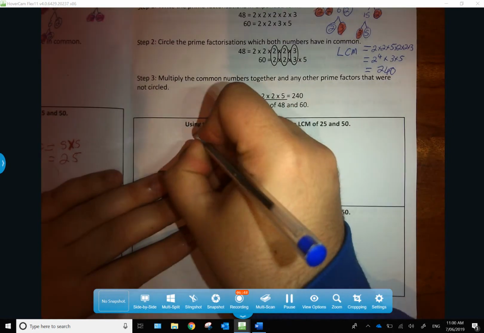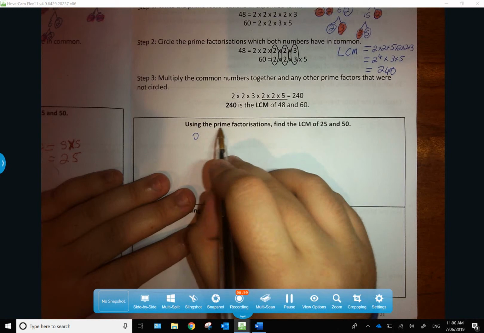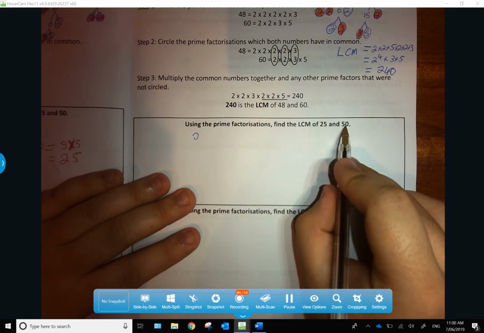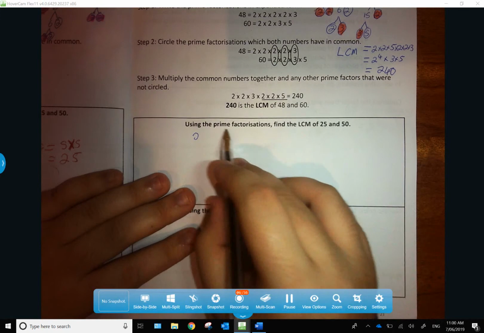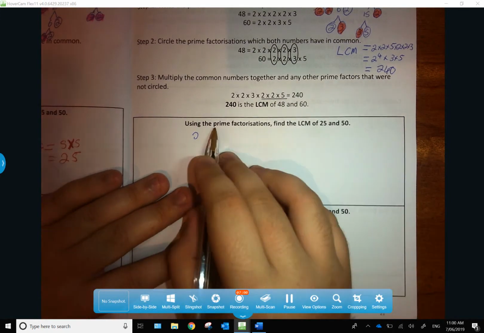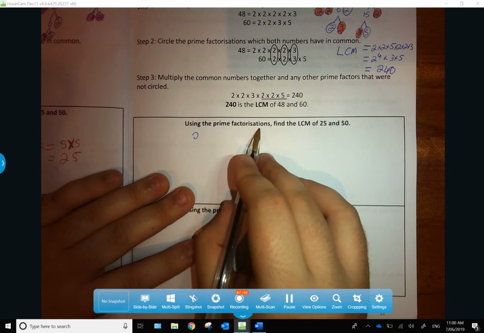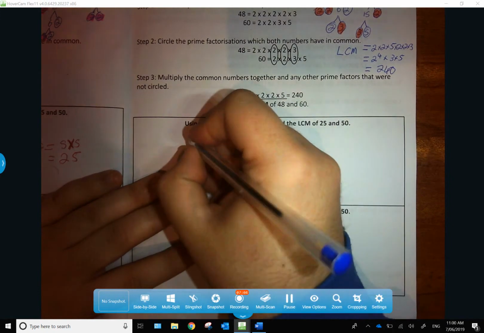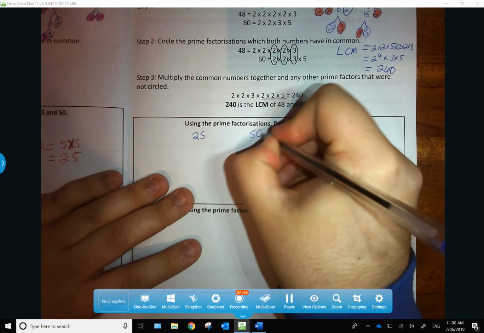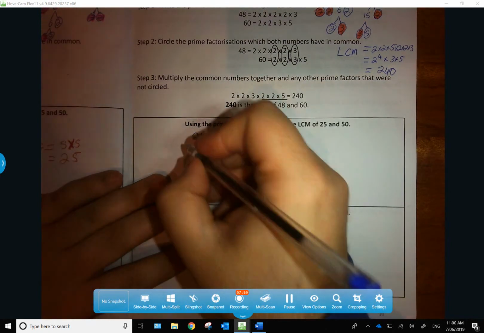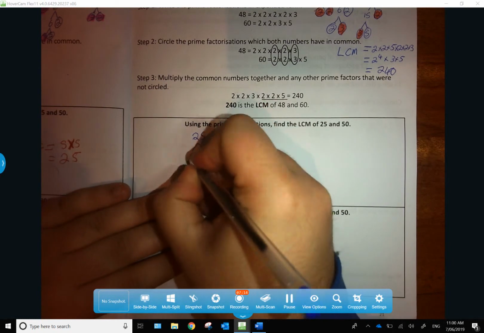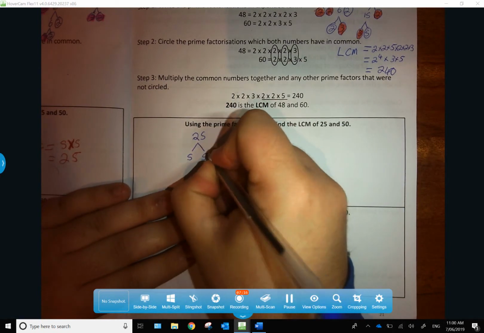Okay. So, using prime factorization, find the lowest common multiple of 25 and 50. So I have to do this using the factor tree method. Okay. Because it said there, using prime factorization. So, what was the first step? The first step was that I needed to have my two numbers and I had to make two factor trees out of it. 25 is the same as 5 times 5.